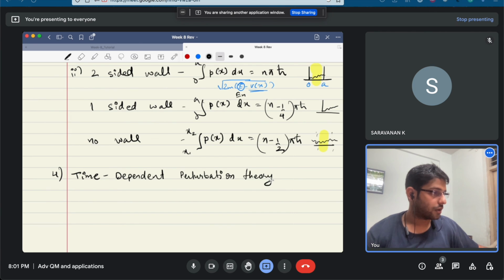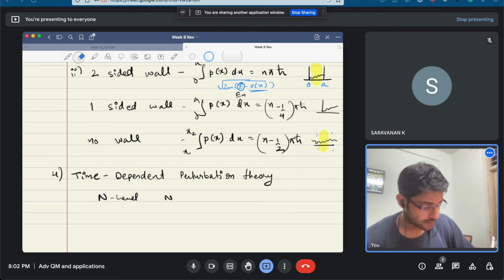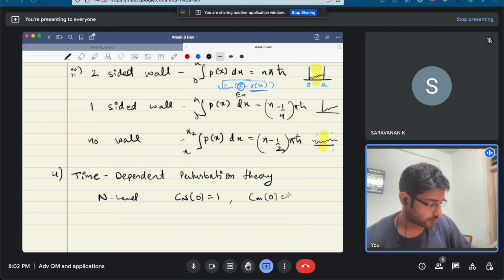When you have your nth state populated initially, Cn of 0 is 1, and Cm of 0 is 0 for m not equal to n.